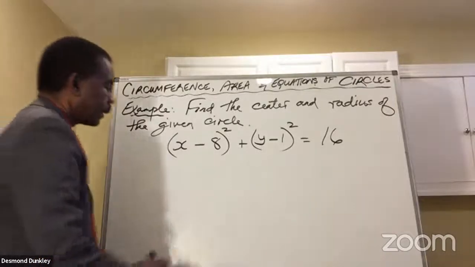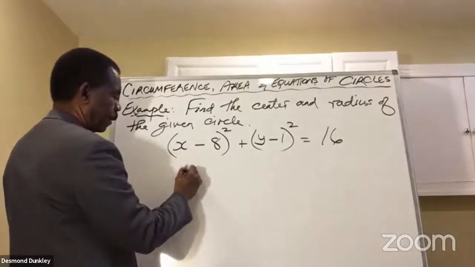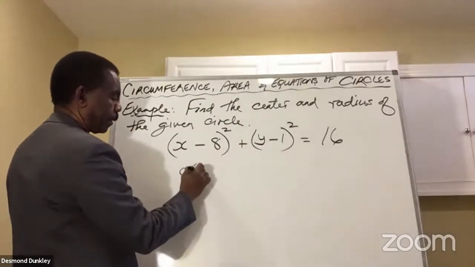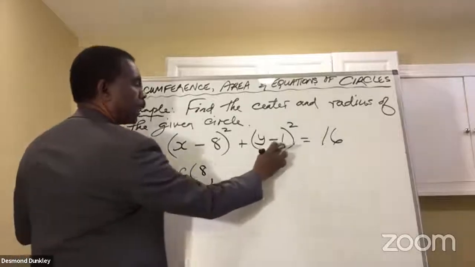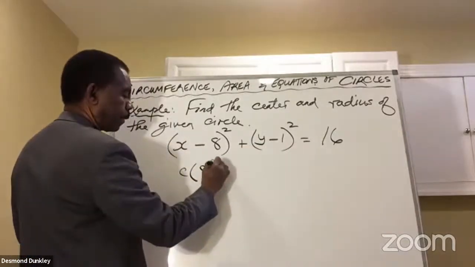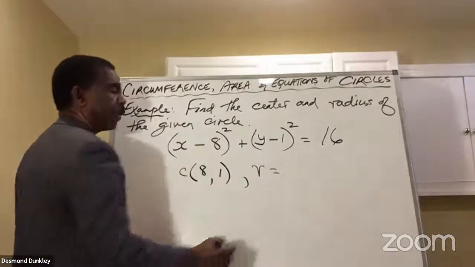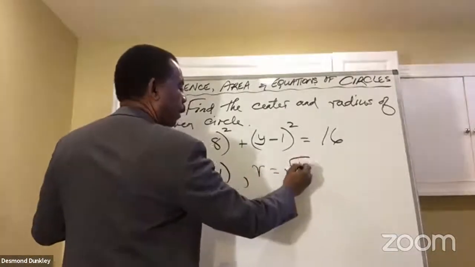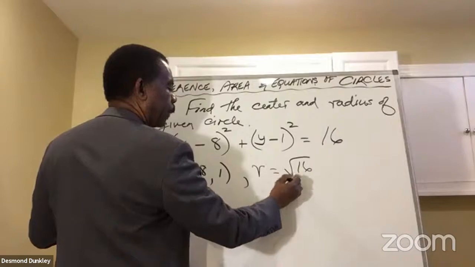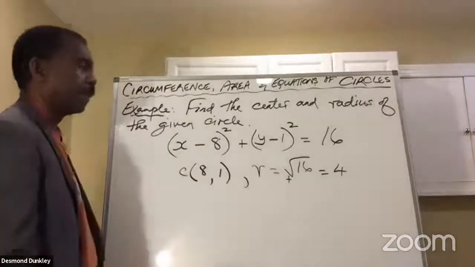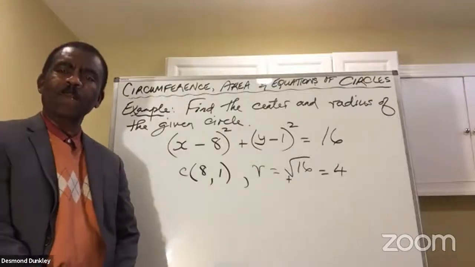Well, this is the x value, this is the y value, and the radius is equal to the square root of 16, and you really need the positive square root, so the answer is 4. So that's what you do for that question.